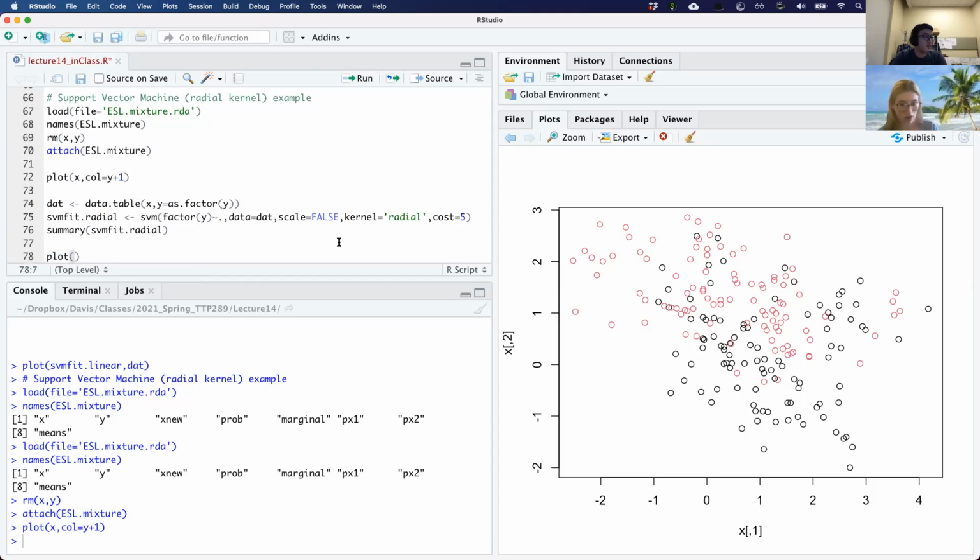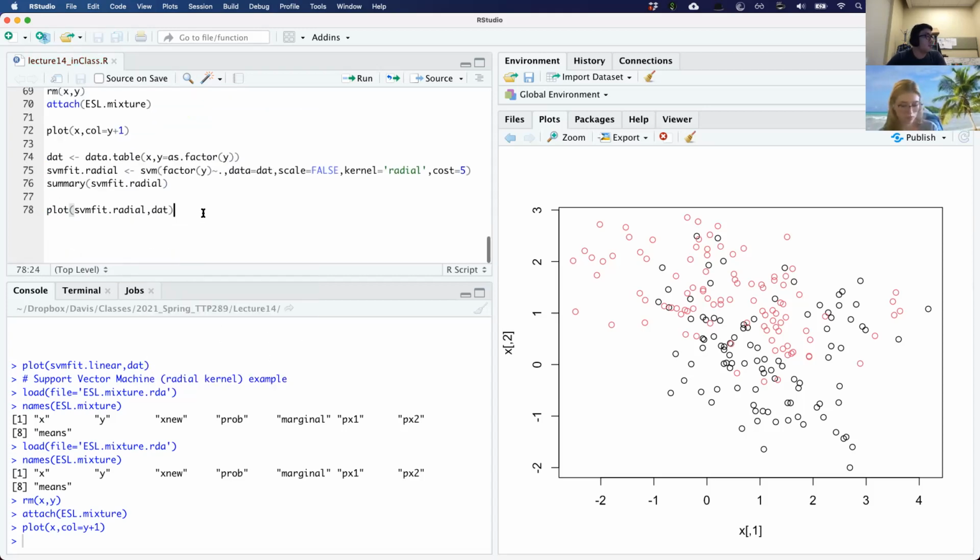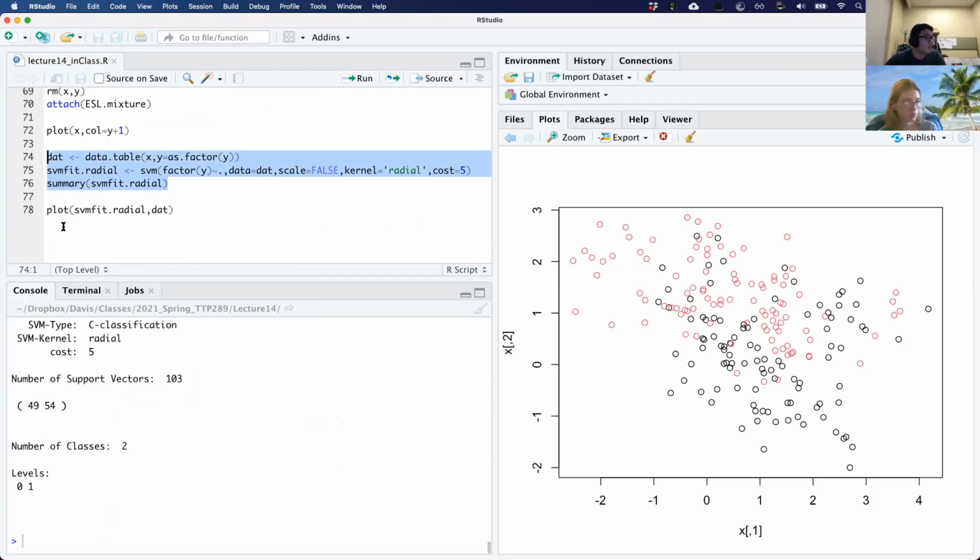And let's go ahead and plot it. Okay, so there's 103 support vectors. There's just a lot more points in this case. 2 classes, and let's have a look at this.